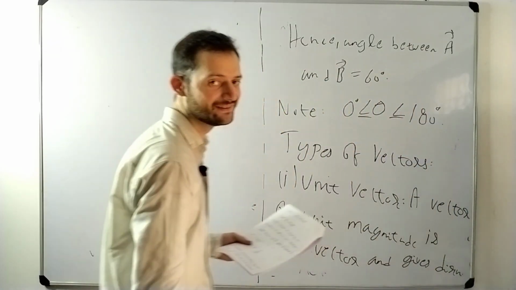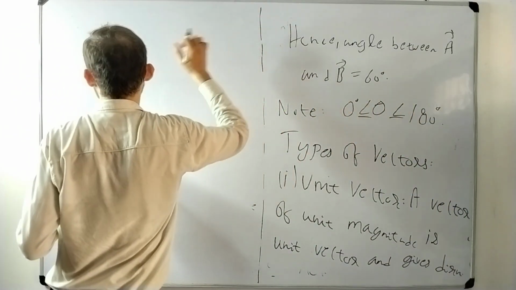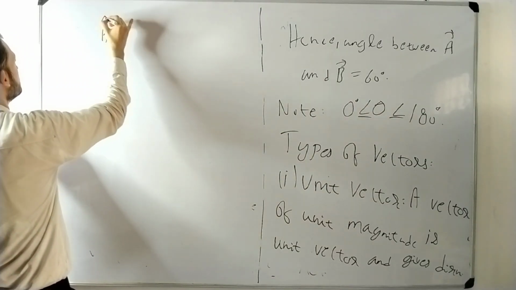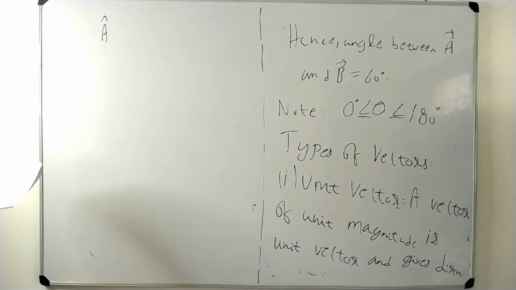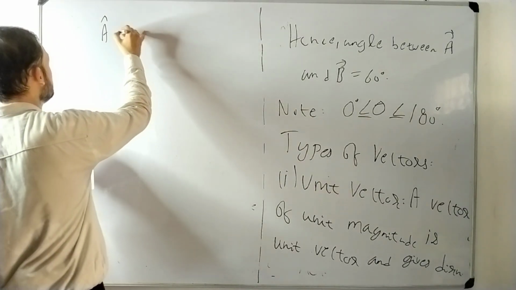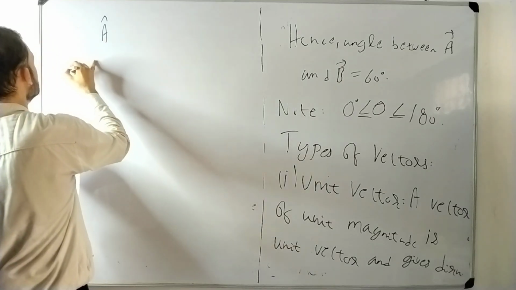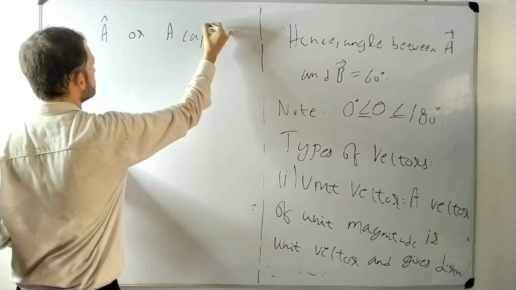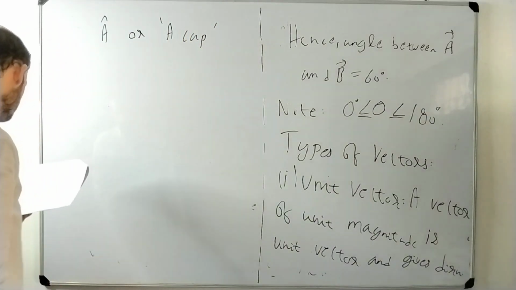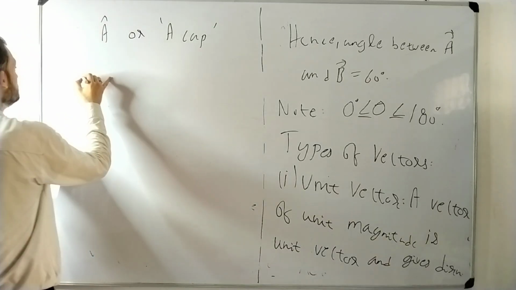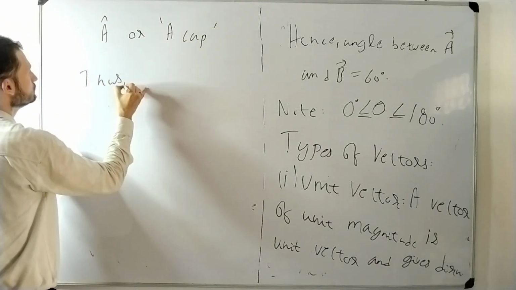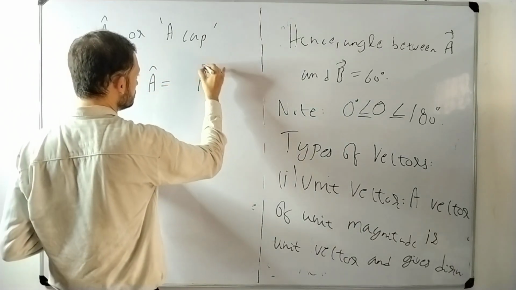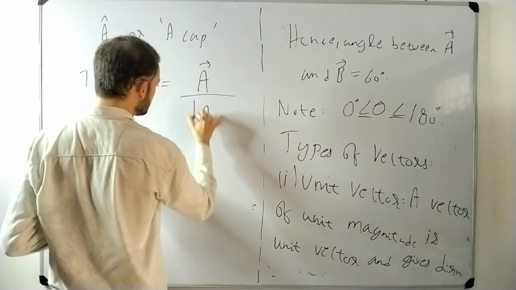For the unit vector of A, I would write A cap. It is denoted by this symbol, and A cap is generally the vector A upon the modulus of the vector A.